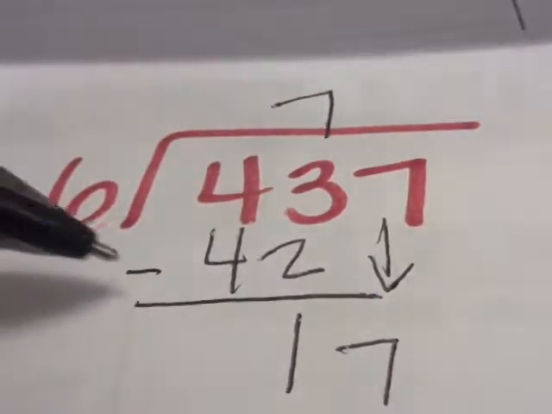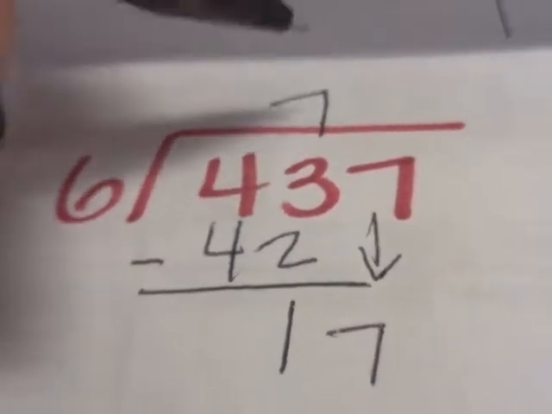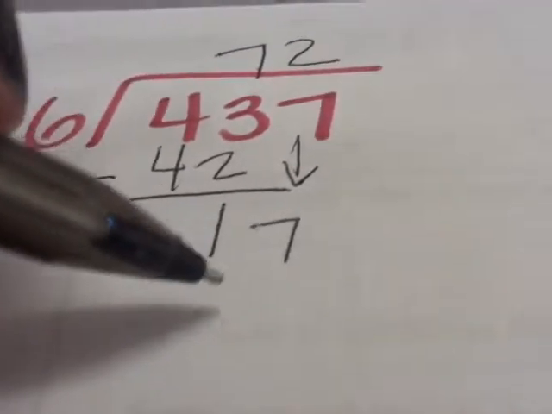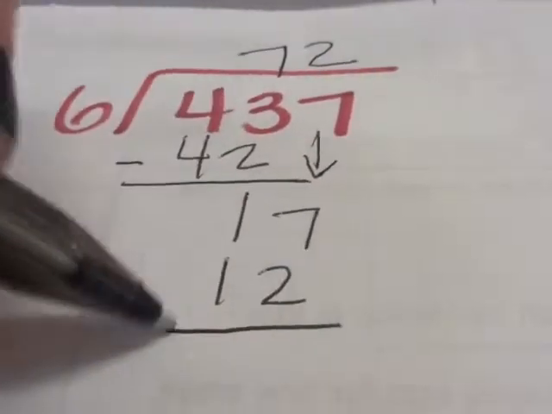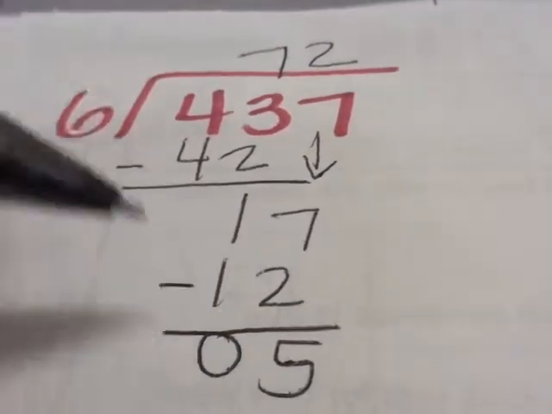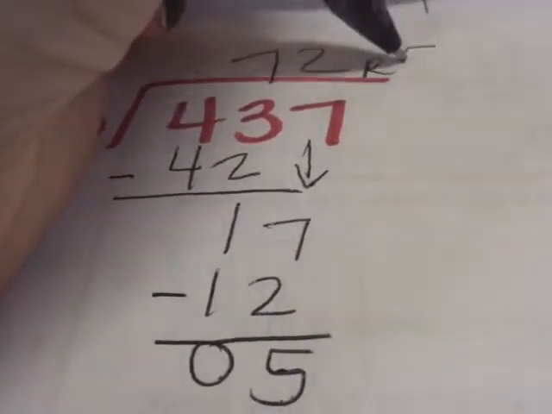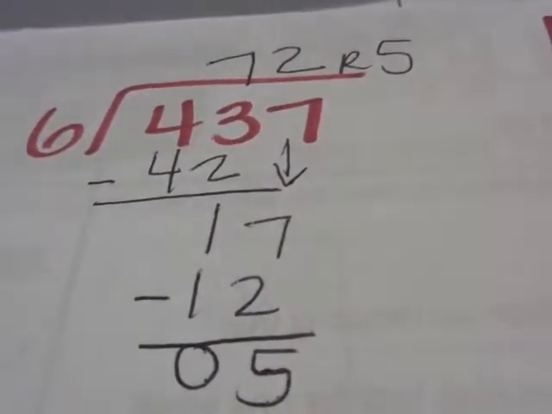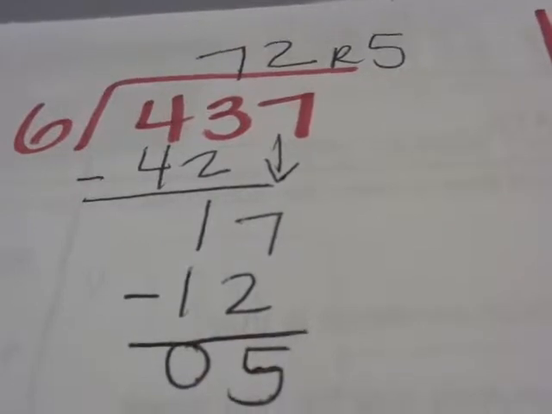How many times can 6 go into 17? Twice. 6 times 2 is 12. Subtract that out. Get a remainder of 5. So whichever strategy you're using to solve this, please make sure you're showing your work.